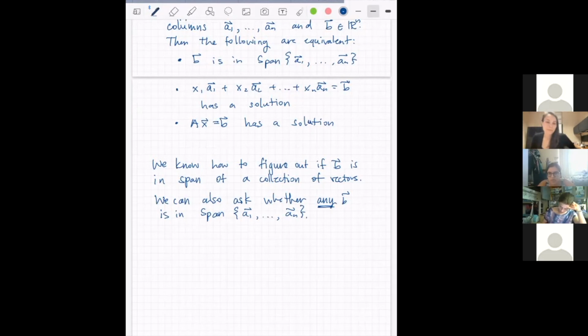I was wondering, because I feel like kind of the cheating answer would be that if it's in an Rn greater than the vectors in the span, then it automatically wouldn't be in the span. Yeah, it would automatically. But that felt like cheating. Yeah, so this B should match the space that those vectors are in, right?